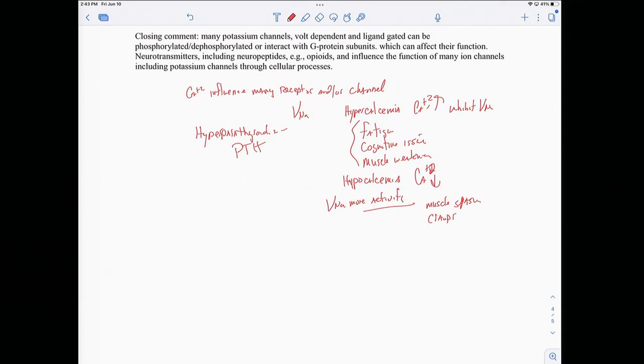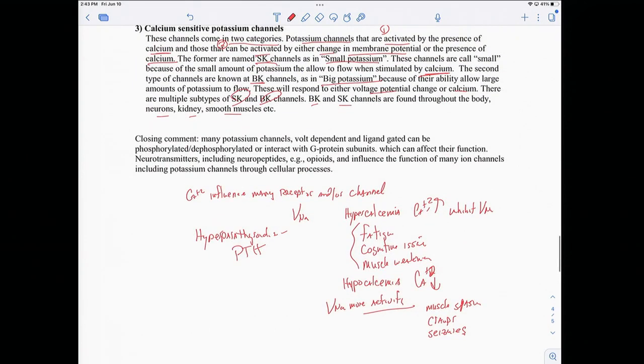Because you have hypersensitivity of these voltage-sensitive sodium channels because my calcium level interaction is less, kind of taking the brakes off of these voltage-sensitive sodium channels, making them too active. And then also in some cases, abnormally low levels of calcium, hypocalcemia, could lead to seizures. So obviously that is a neuronal event.